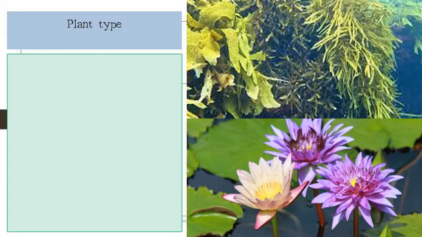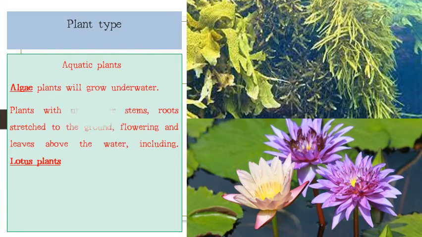Kids, we have another example of aquatic plants, and one of that is algae plants. That is the first picture that you can see. Algae plants will grow under the water. And we have also another plant, the second picture.